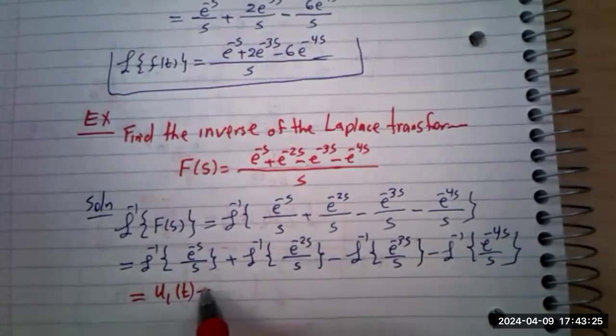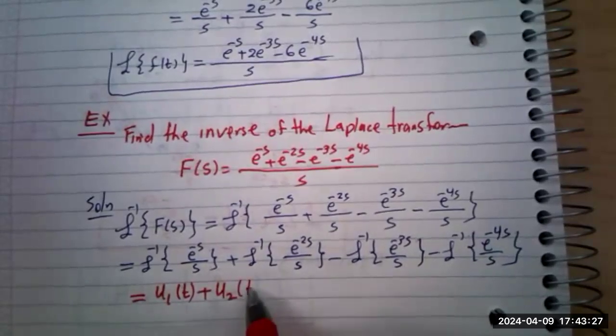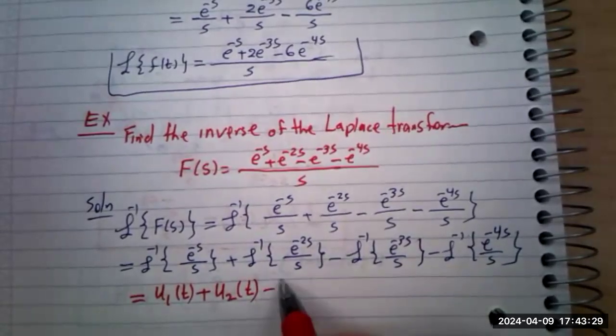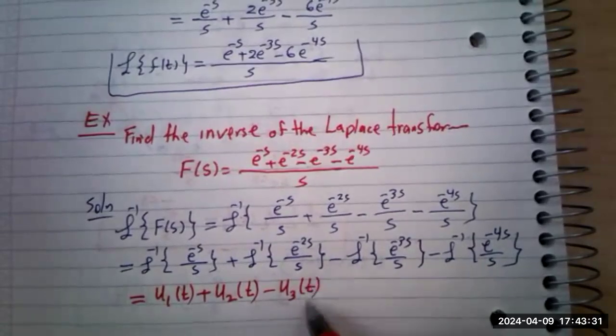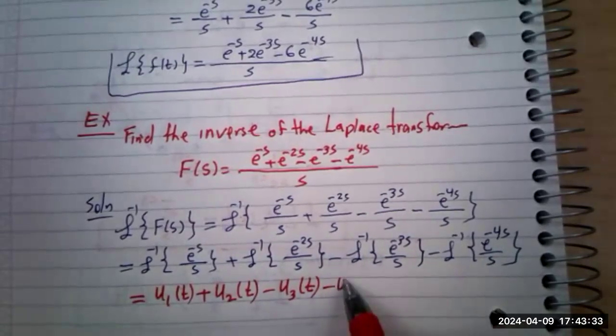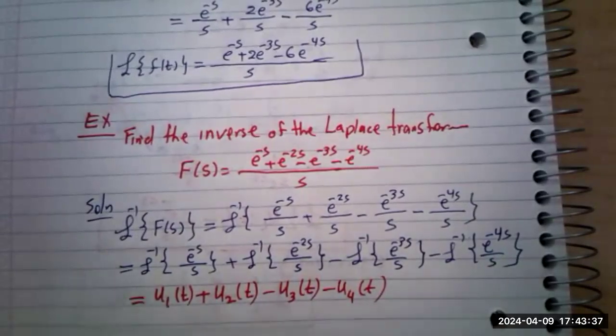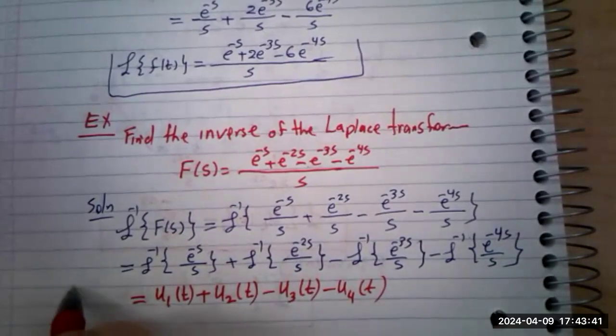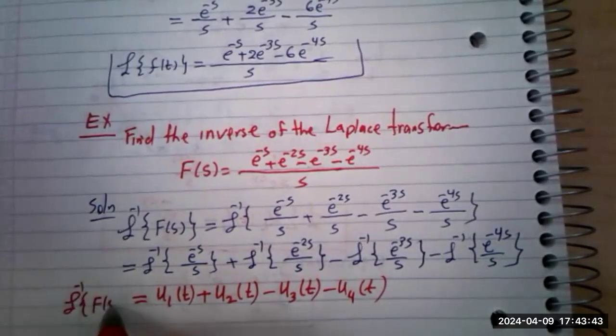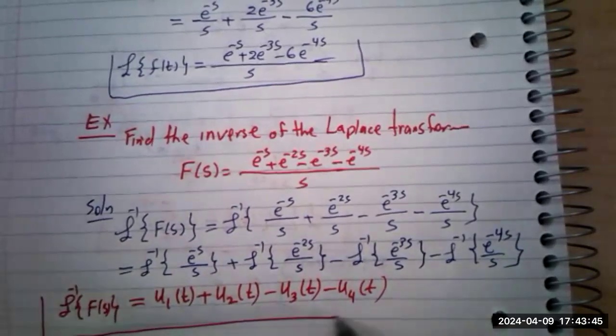The next one, the base is 2, so u2 of t. Then u3 of t. The last one would be u4 of t. So that would be f of t, the inverse Laplace of the given function F of s.